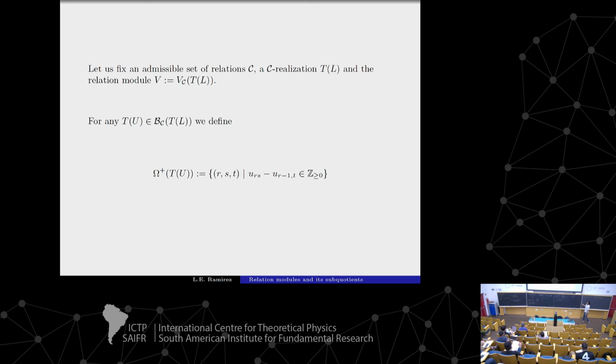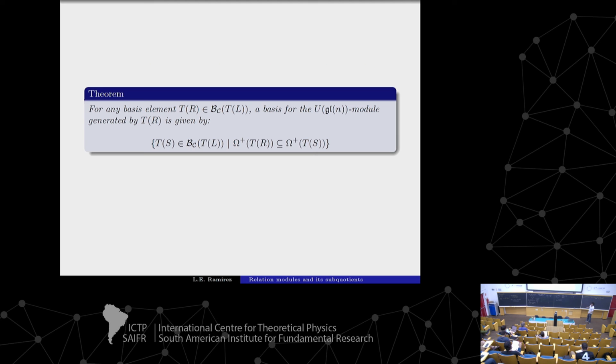Now, what is the nice thing about this omega plus? First of all, if you have a basis element, you can describe explicitly what happens with the module generated by this element.